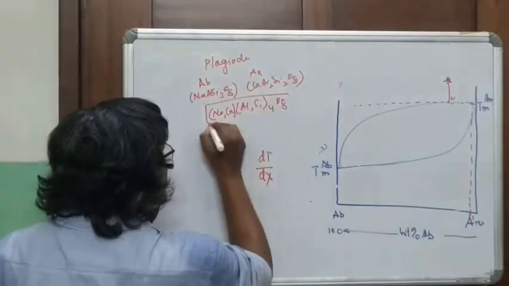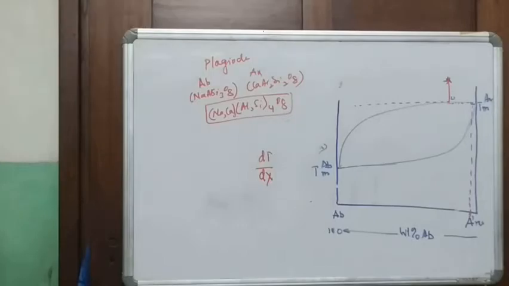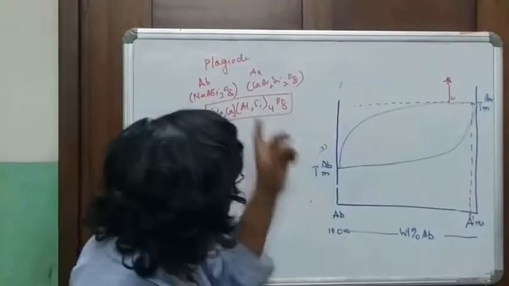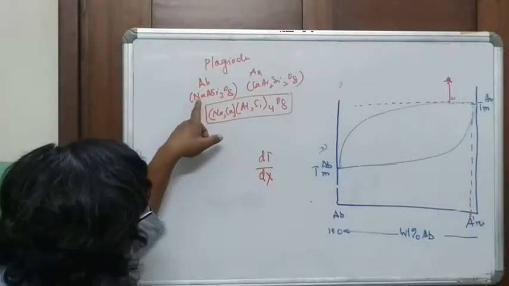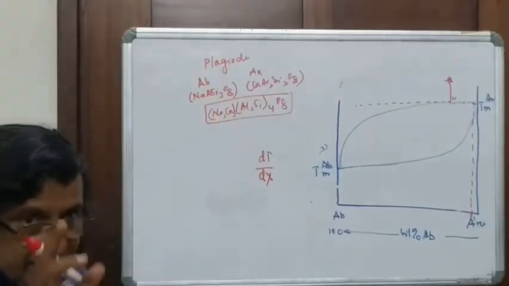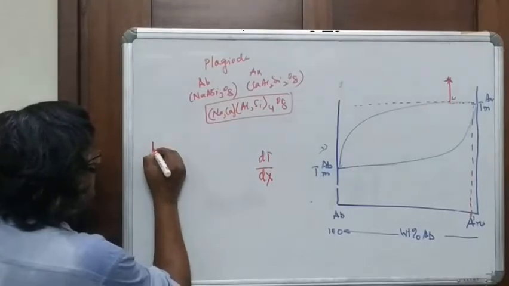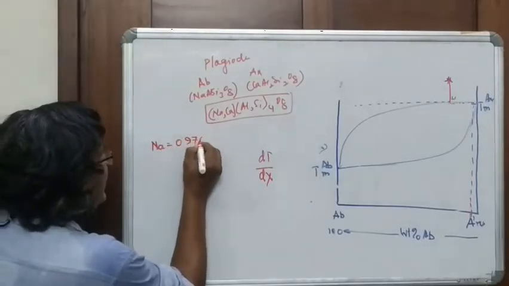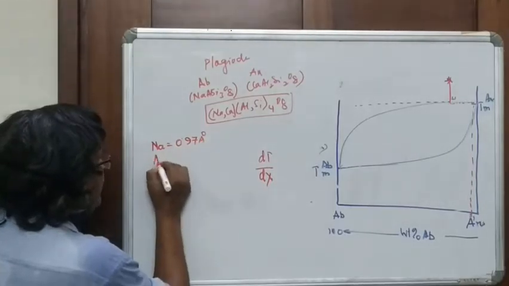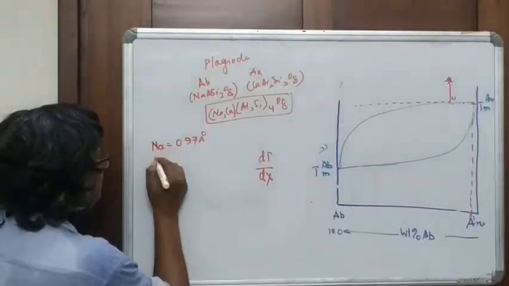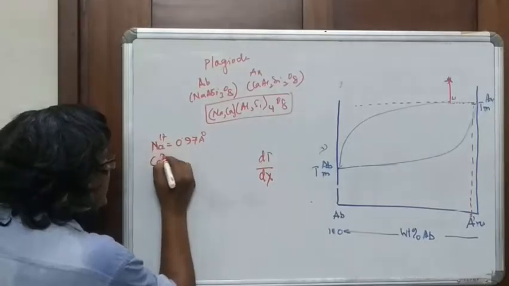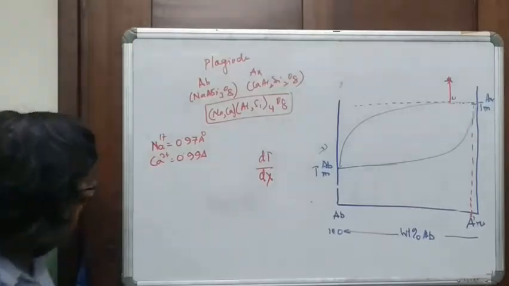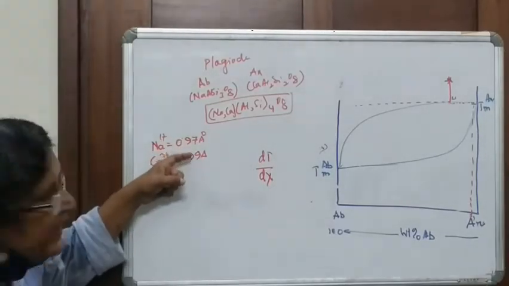This is the composition of the plagioclase, and it involves a coupled substitution, where the substitution involves replacement of not only sodium by calcium. Remember, sodium 1 plus has an ionic radius of 0.97 angstroms and calcium 2 plus has 0.99 angstroms. So they can replace each other very easily.